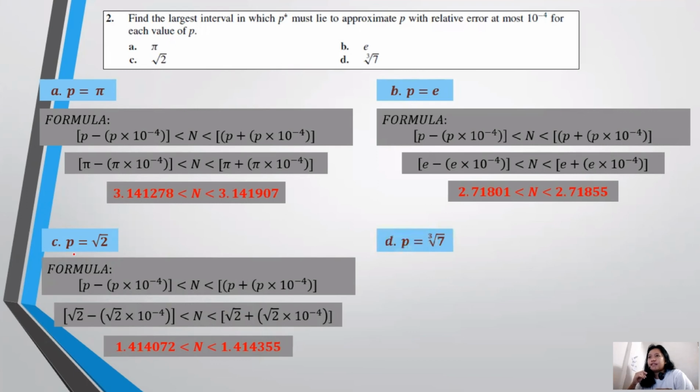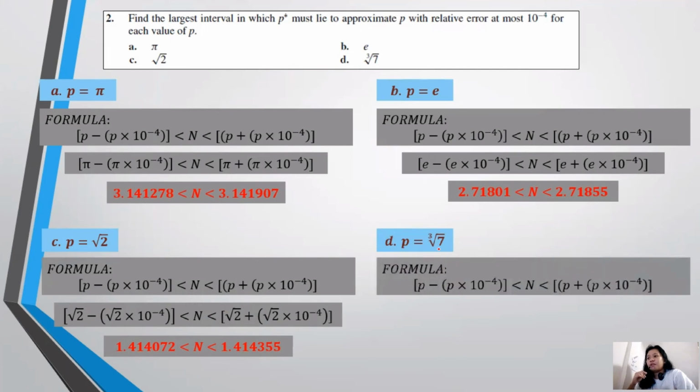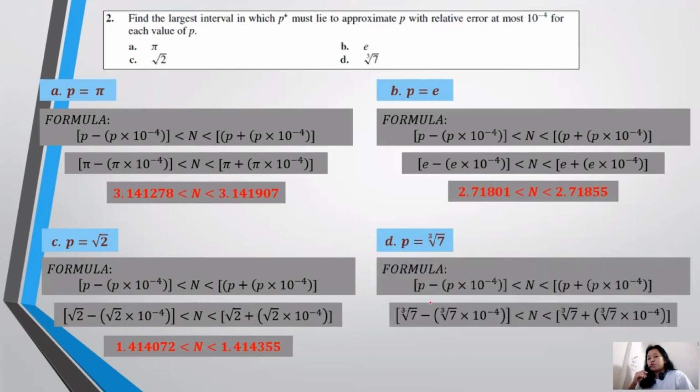And then lastly, for the number 2, we have here P is the cube root of 7. So the same formula, the same process. Substitute the P, which is the cube root of 7. So cube root of 7 minus the quantity of cube root of 7 times 10 to the power of negative 4. And the right side is the sum, which is the cube root of 7 plus the cube root of 7 times 10 to the power of negative 4.